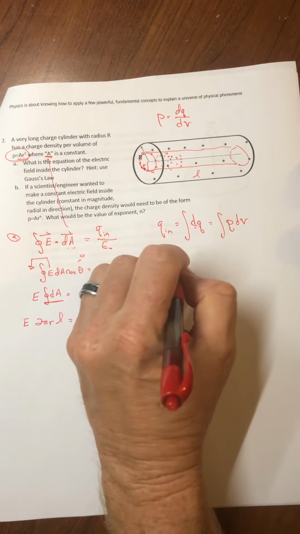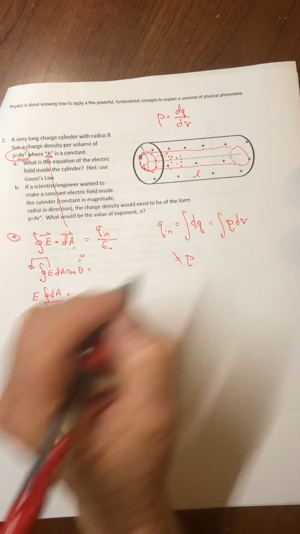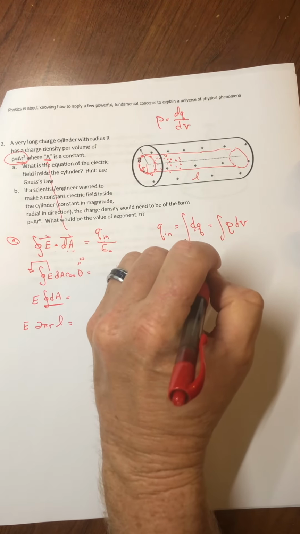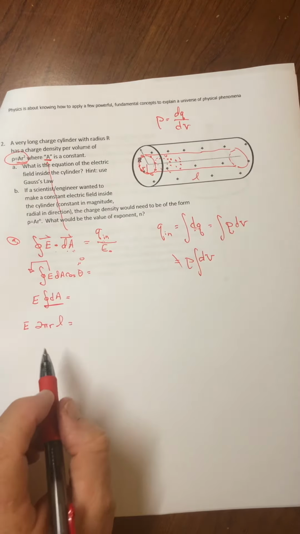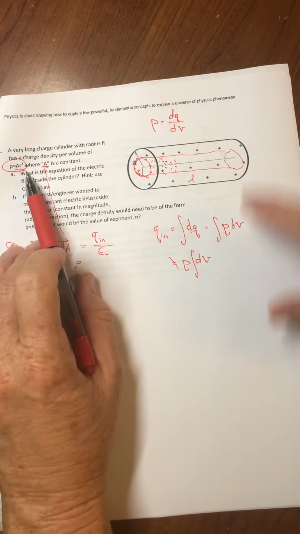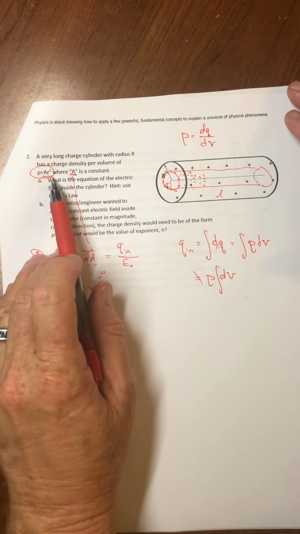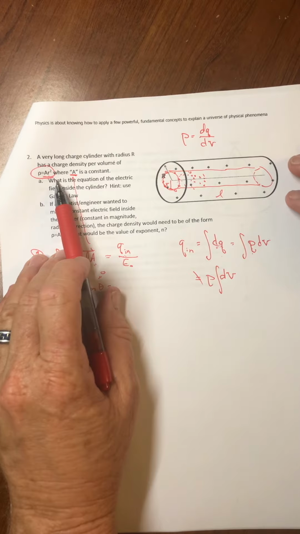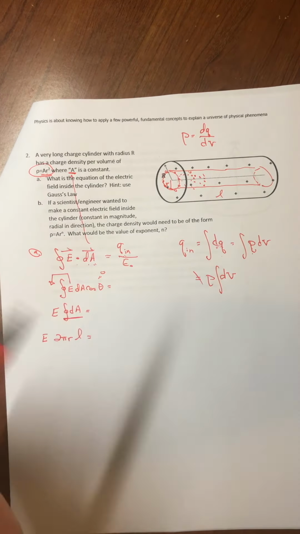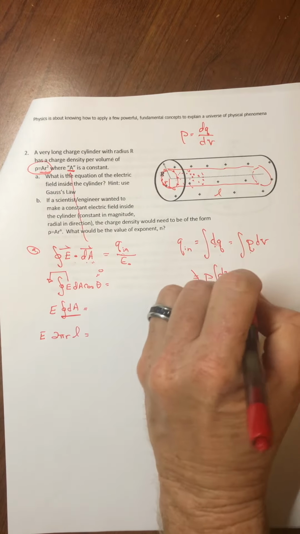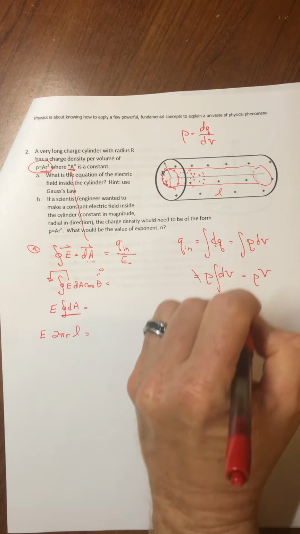Now here's why you want to be careful. This does not equal just density times the integral of dV. That would be true if the density was a constant. And when we did it in class, and your book did an example like that, your book did an example where it was constant and where it was non-constant. So this is non-constant. So you can't do this step. And it's too bad, because then it would be just density times volume.